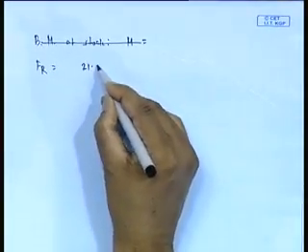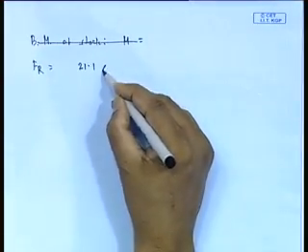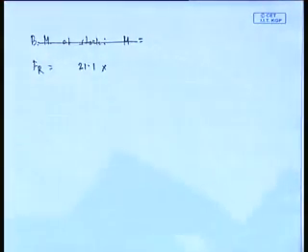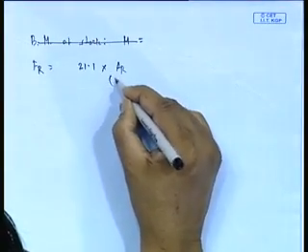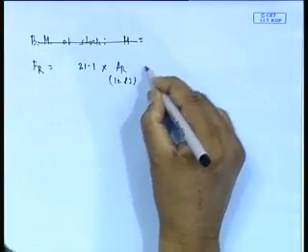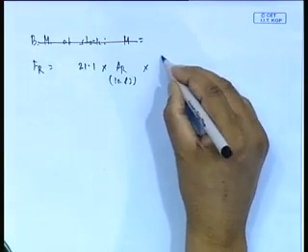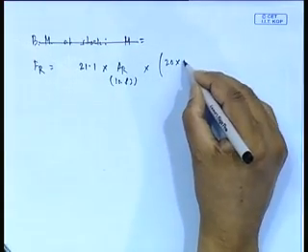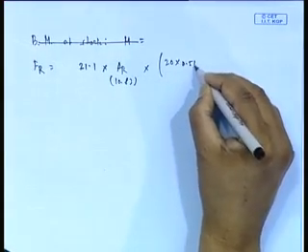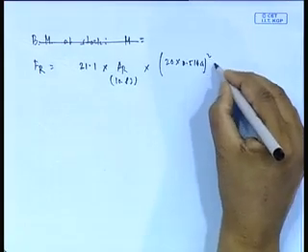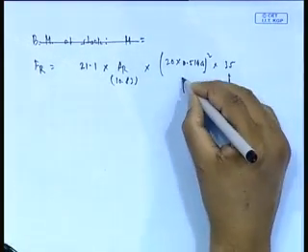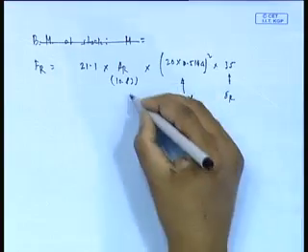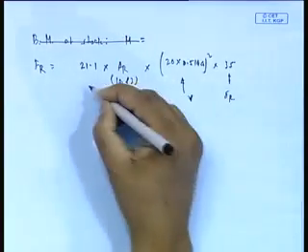This is 21.1, what is the formula? 21.1 into, see here, AR, this is 10.83 multiplied by V. V is 20 knots into 0.5144, squared, into delta R, this is AR, and this is the constant.